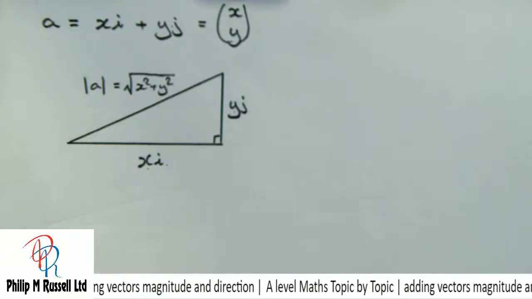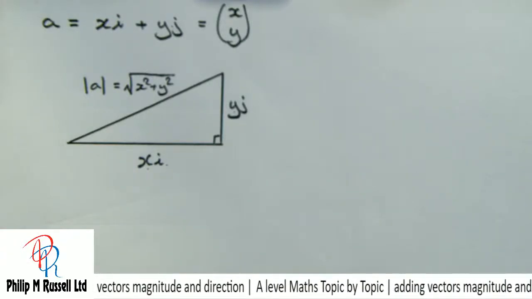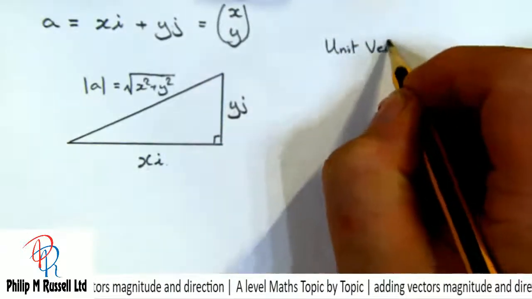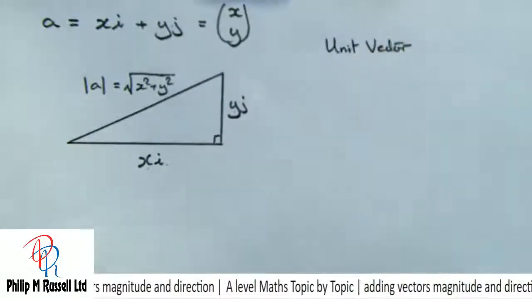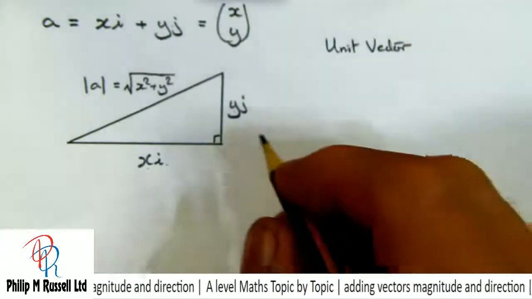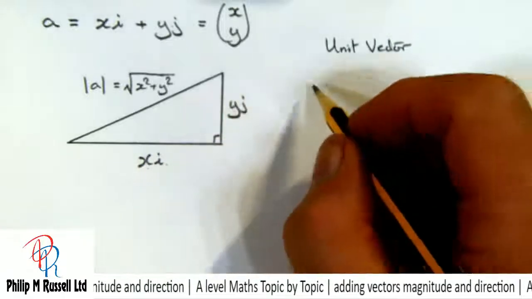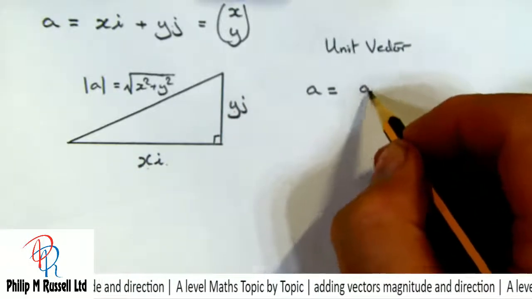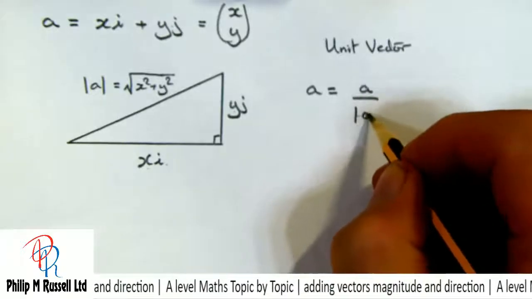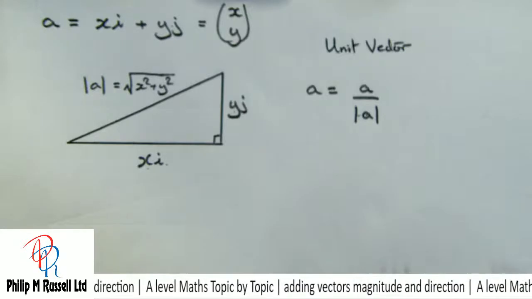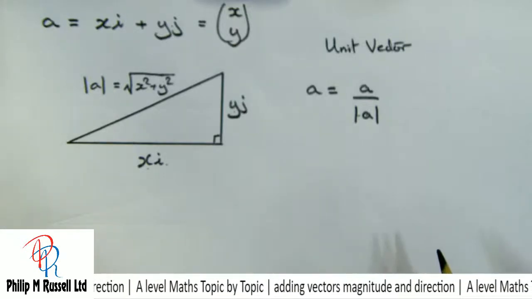You need to be able to work out something about the unit vector as we try and go out, and the unit vector in the direction of A will be A over the magnitude.